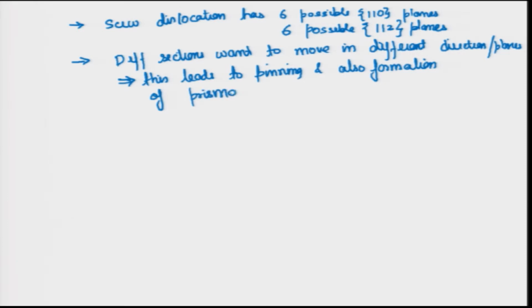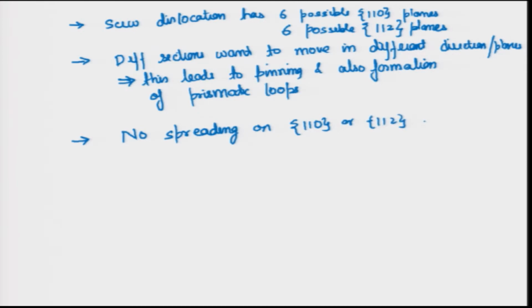But before that, some more properties about the dislocation based on its core structure. We already said that there is no spreading on the 110 or 112 plane. What does it imply?